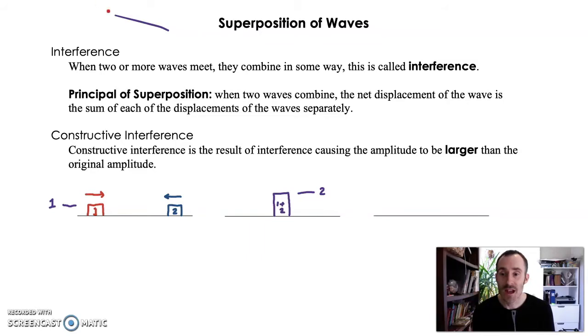And then, after the waves have reached the middle, after they have interfered with each other, they will continue in the way they were moving. And so wave number 1 is right over here, and it is moving this direction just like it was before.